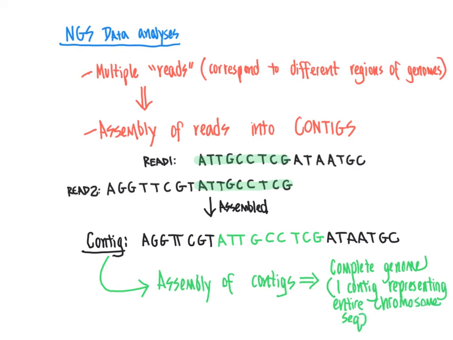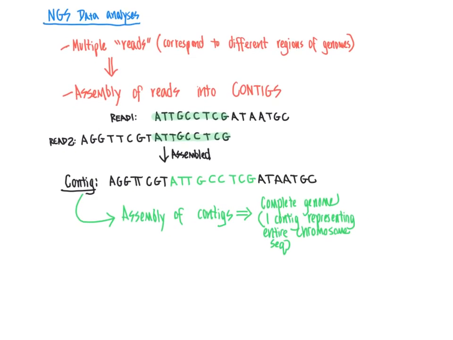Or alternatively, in contrast to the complete genome, what may also result from this assembly of contigs is what's referred to as a draft genome. Where much like in the rough draft of a paper, there are some parts or pieces or minor points missing.